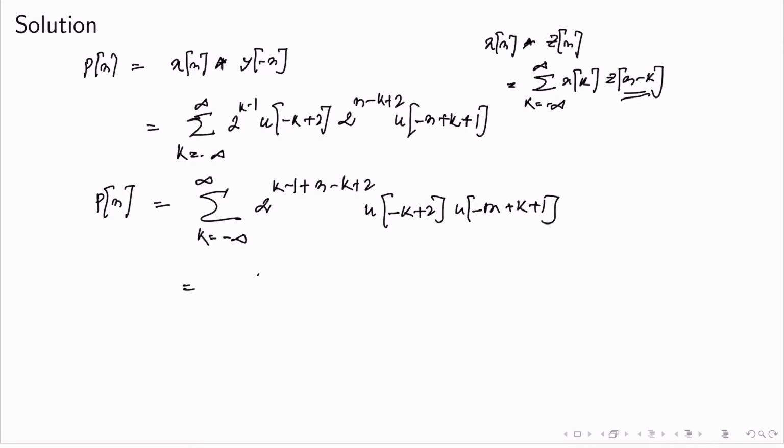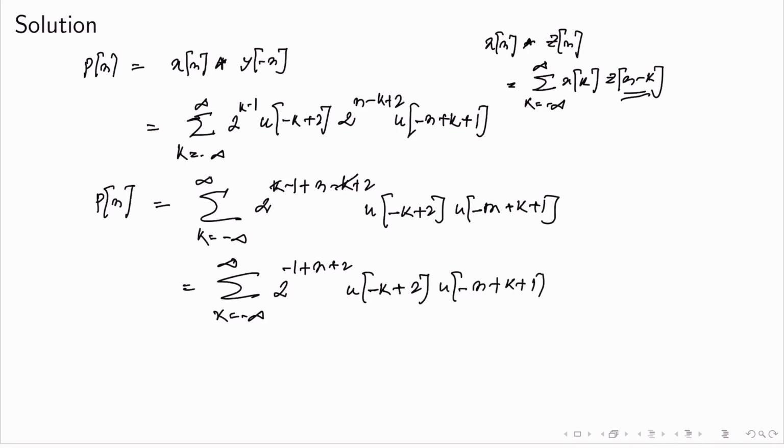The k is cancelled out and we get 2 to the power minus 1 plus n plus 2, u of minus k plus 2, u of minus n plus k plus 1.